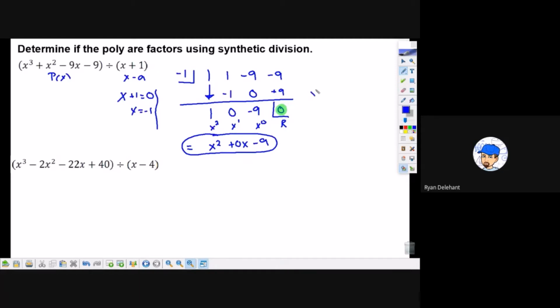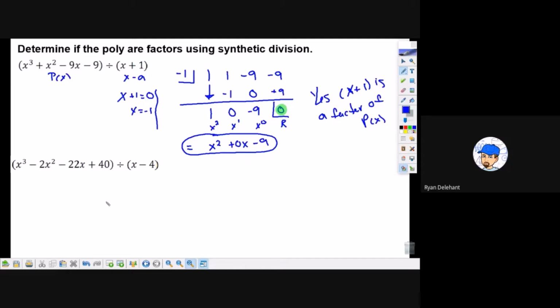And is it a factor? Yes. X plus 1 is a factor of that big p of x. And now you see why we label the bigger one p of x, because it takes a whole lot less time to write p of x in an answer statement than it does to write all of that out.